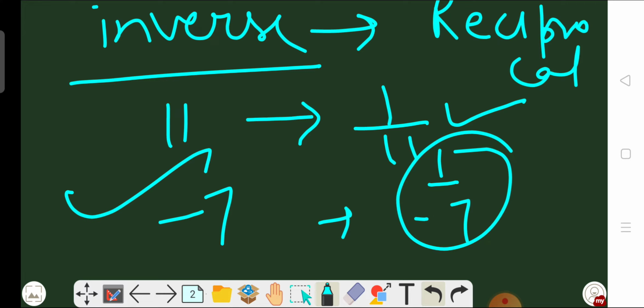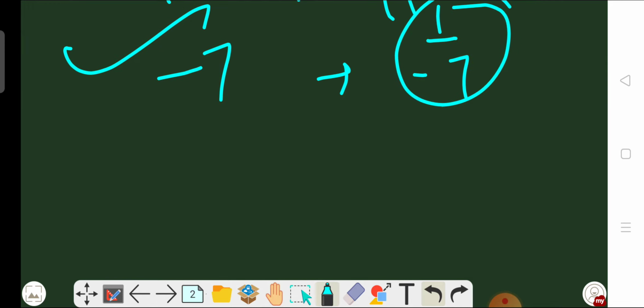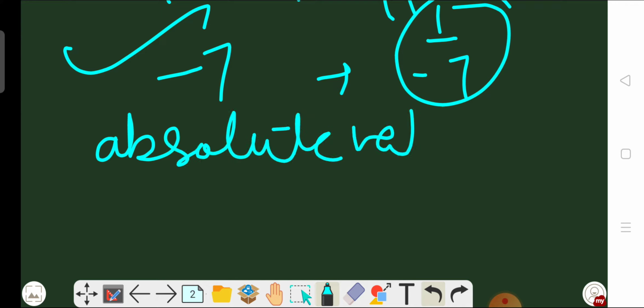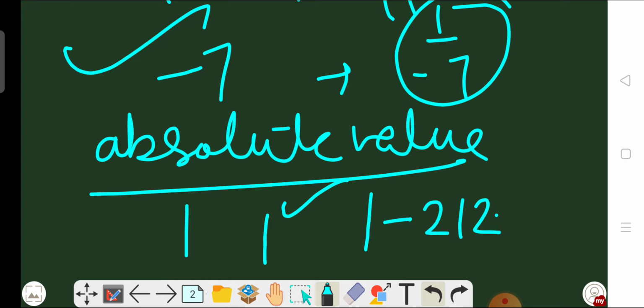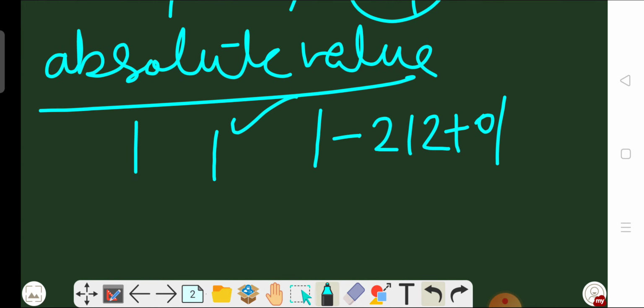Now we will discuss the absolute value of an integer. Absolute value. In case of integers, beta, this is the symbol of absolute value, or we can say mod. If we have any negative number inside it, then firstly we have to solve the inner part.